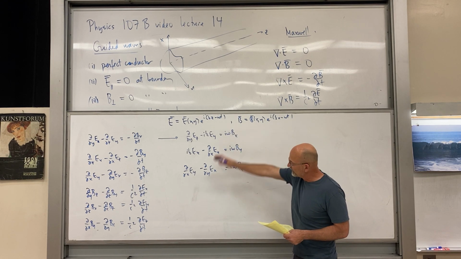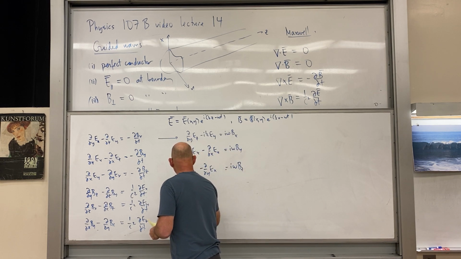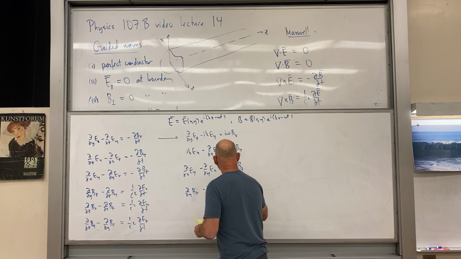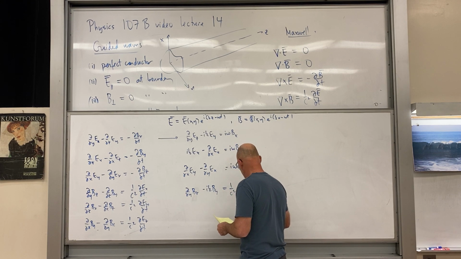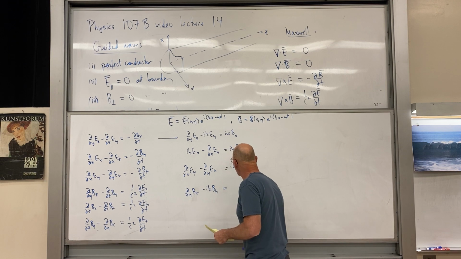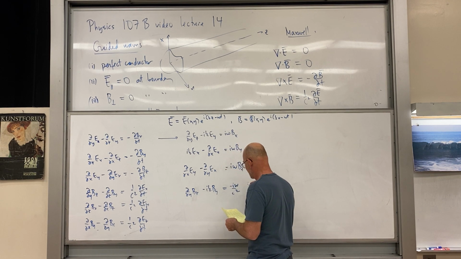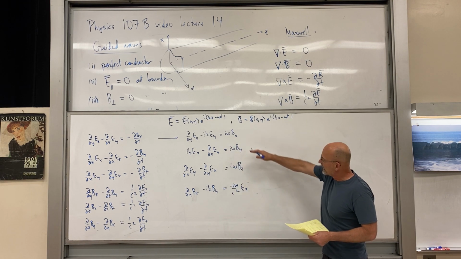And we're going to do the same thing for these three down here. d/dy B z minus ik B y equals, here I can have the minus i omega over c squared E x, and on down as well, just like these two right here.